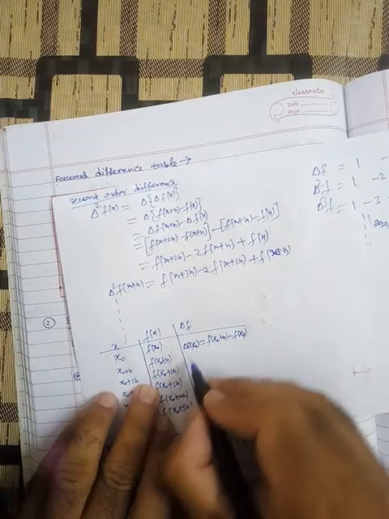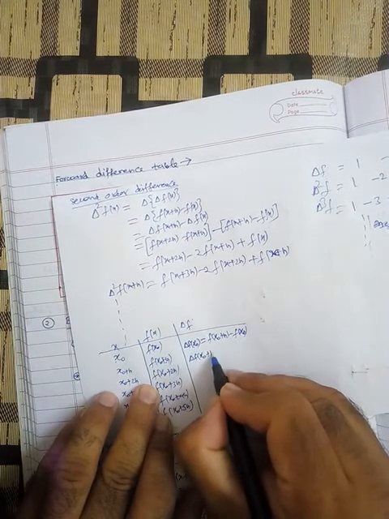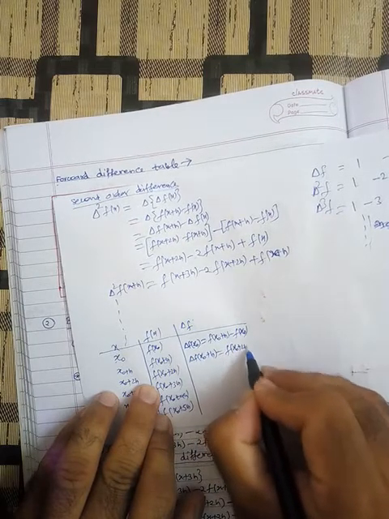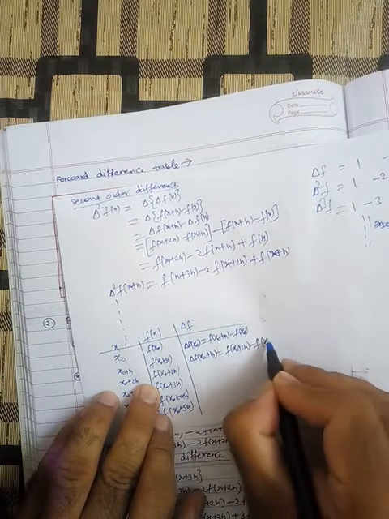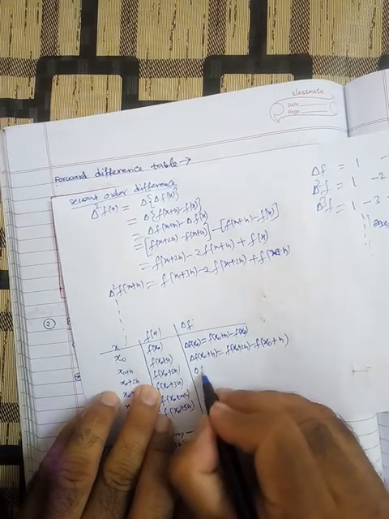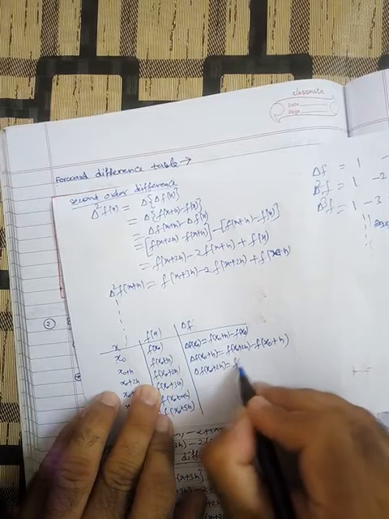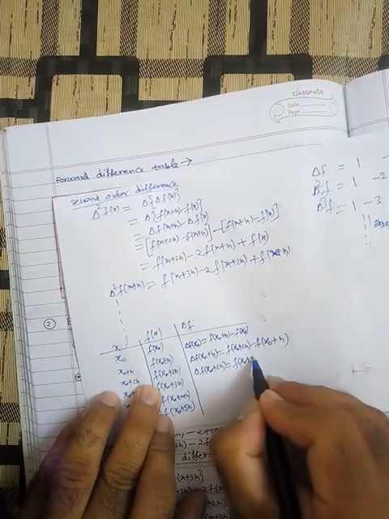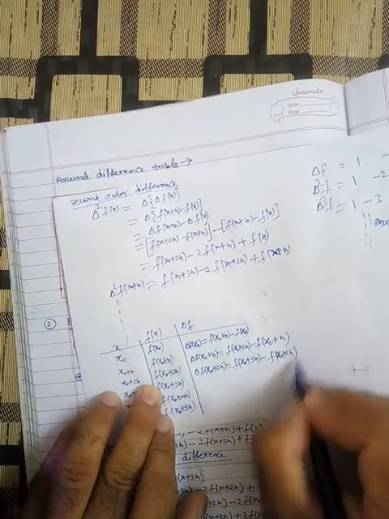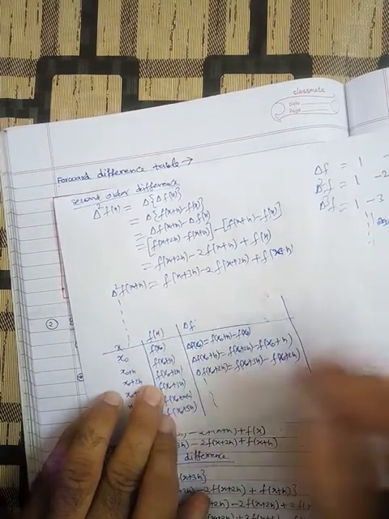Similarly, the next value in this column, delta f at x0 plus h, is f of x0 plus 2h minus f of x0 plus h. Similarly, delta f of x0 plus 2h is equal to f of x0 plus 3h minus f of x0 plus 2h and so on. So these are the first order differences.